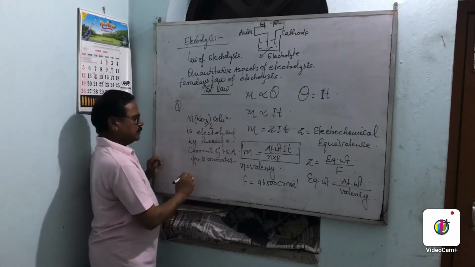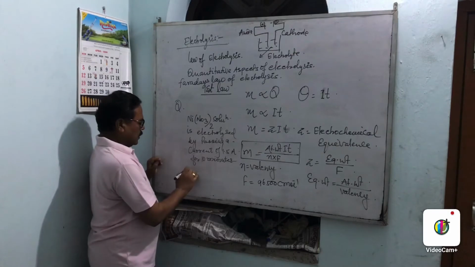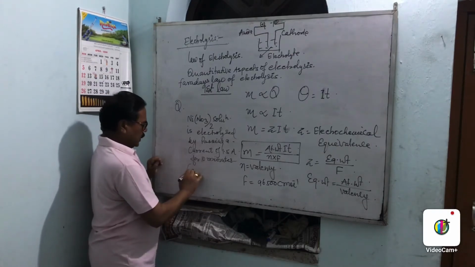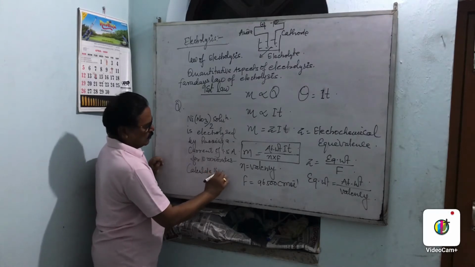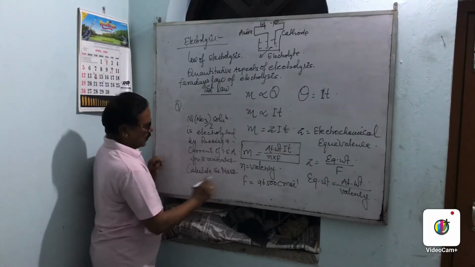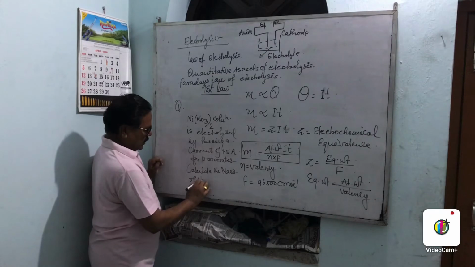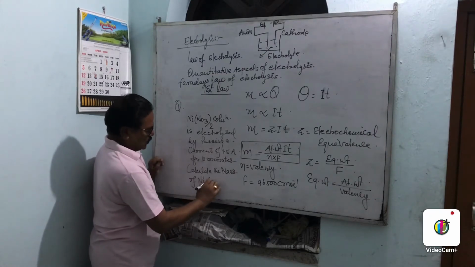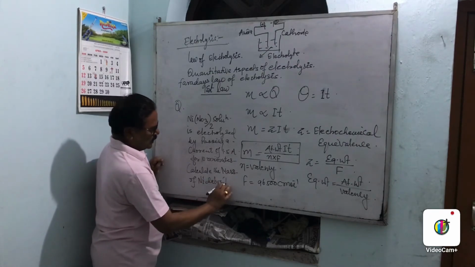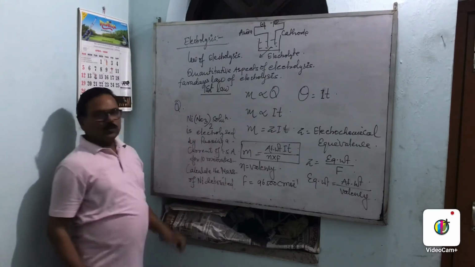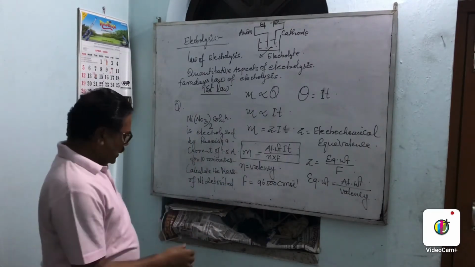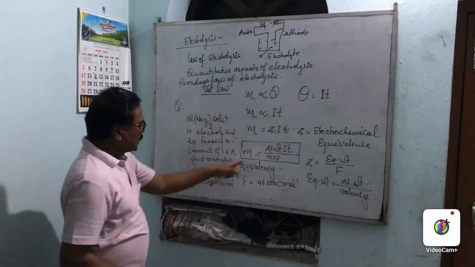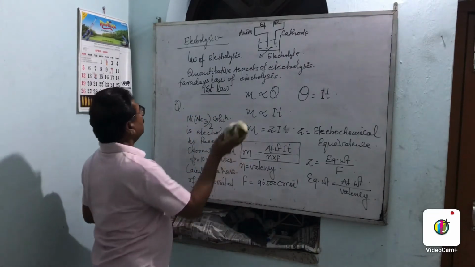Calculate the mass of nickel deposited. There are two ways to solve the problem: by putting values in the mathematical formula, or by the unitary method.